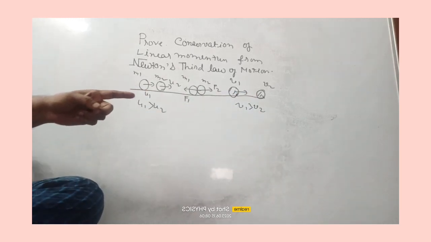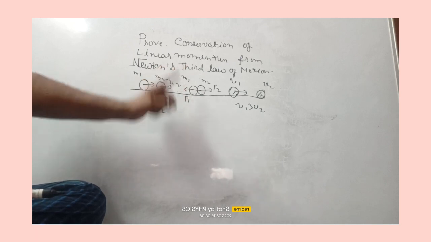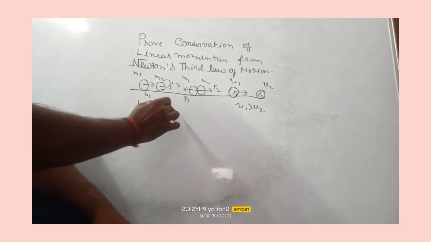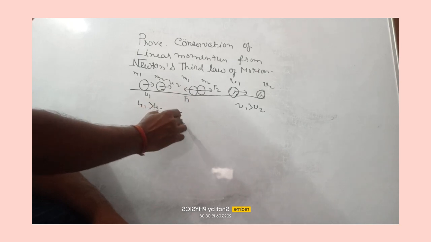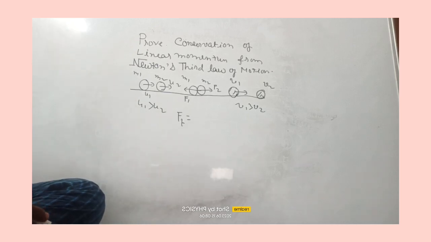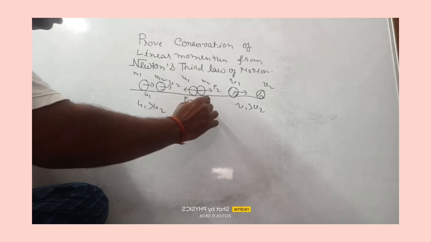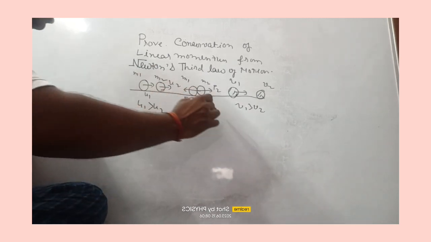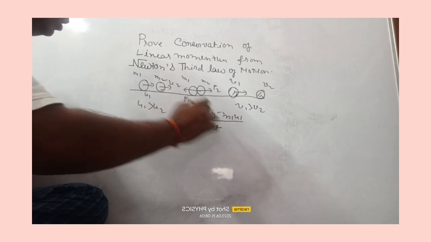Now if the second object gives an impulsive force on the first object, then F1 is equal to the rate of change of the linear momentum of the first object, that is m1 v1 minus m1 u1 by t.